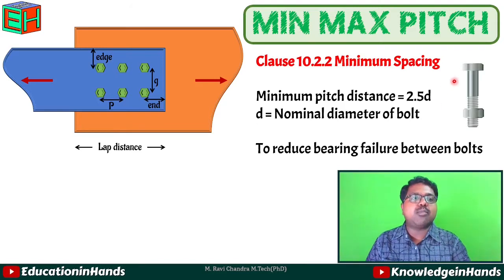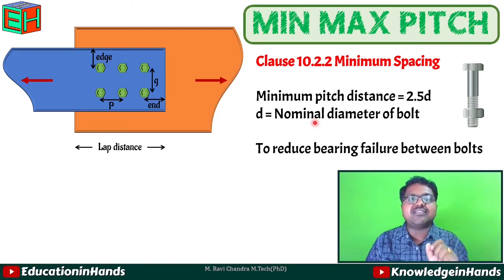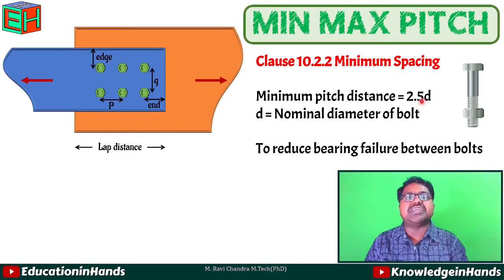The shank diameter, which is the nominal diameter, is considered as the diameter of the bolt. So the minimum pitch distance we need to provide is 2.5 D. We provide this minimum pitch distance to reduce bearing failure between bolts.